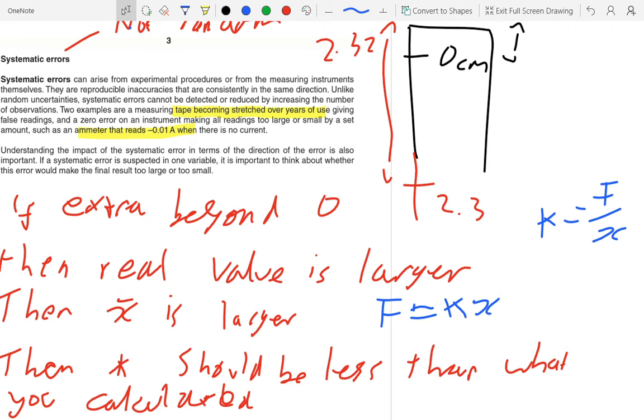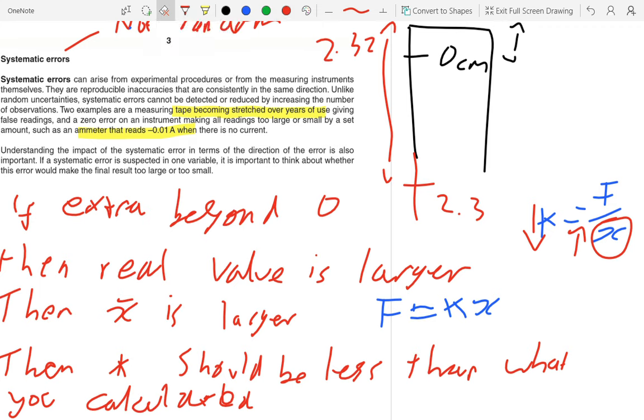And because our real value of x is actually larger, then because k equals F over x, our actual value for k gets smaller, because you're dividing F by a larger value of x.